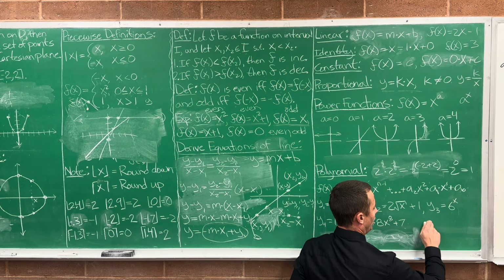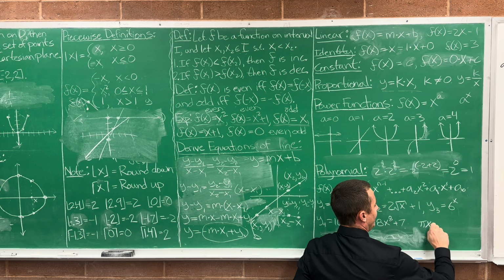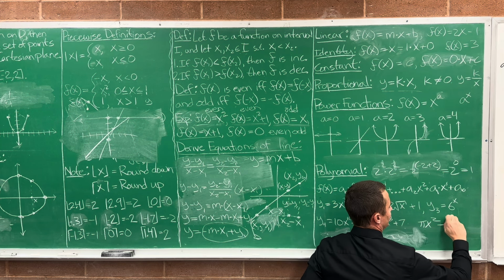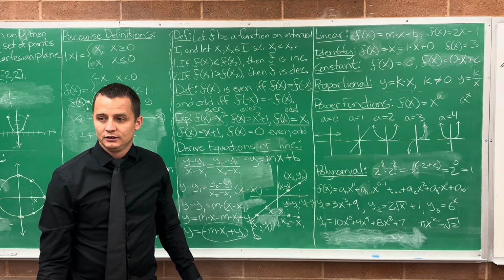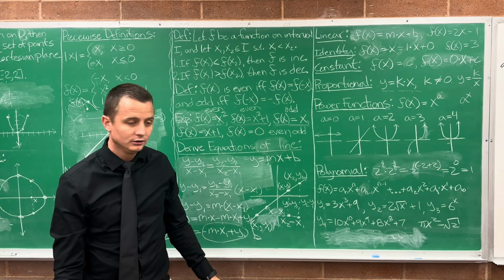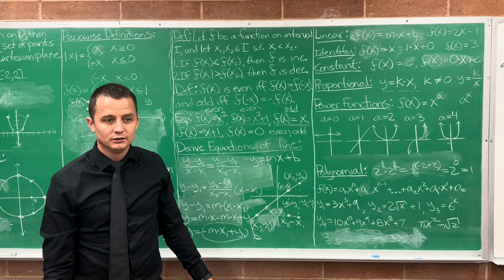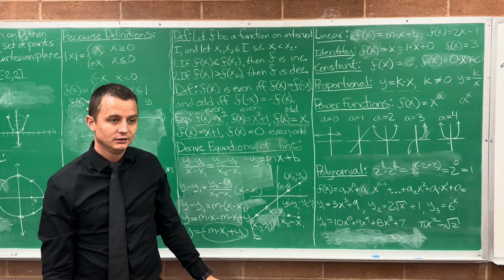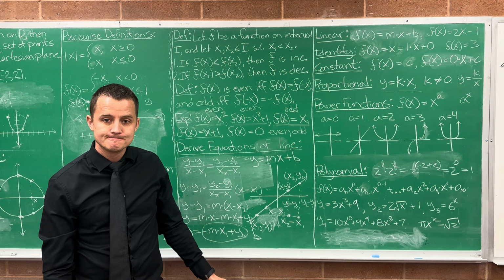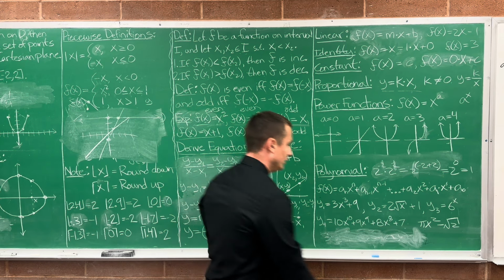All right, let's try this one. Is this a polynomial? I have pi x squared minus the square root of 2. Is that a polynomial? Yes, that is. You got your two constants?